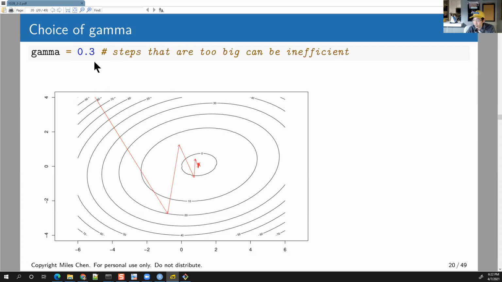But if I take gamma to be a little bit too big, 0.3, this actually is okay, but we get this funny pattern going on. What's happening here is our steps are too big.